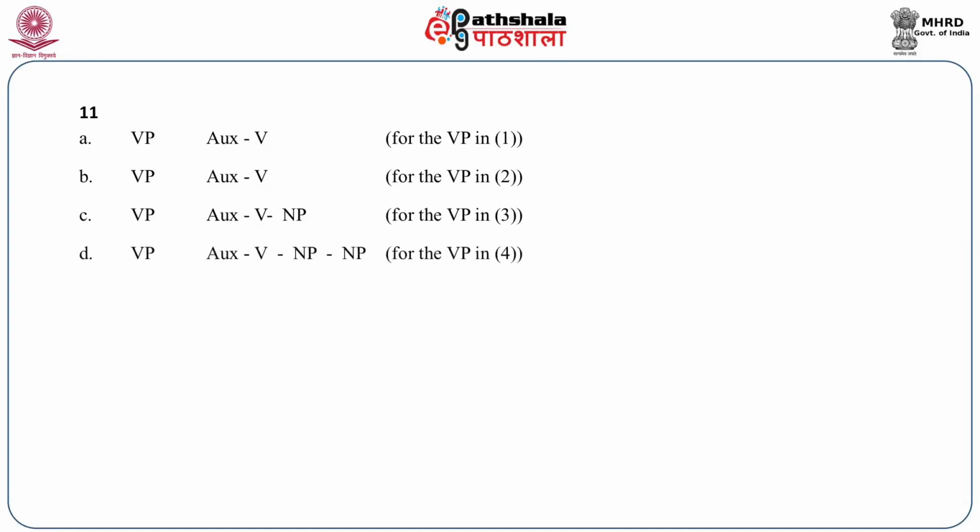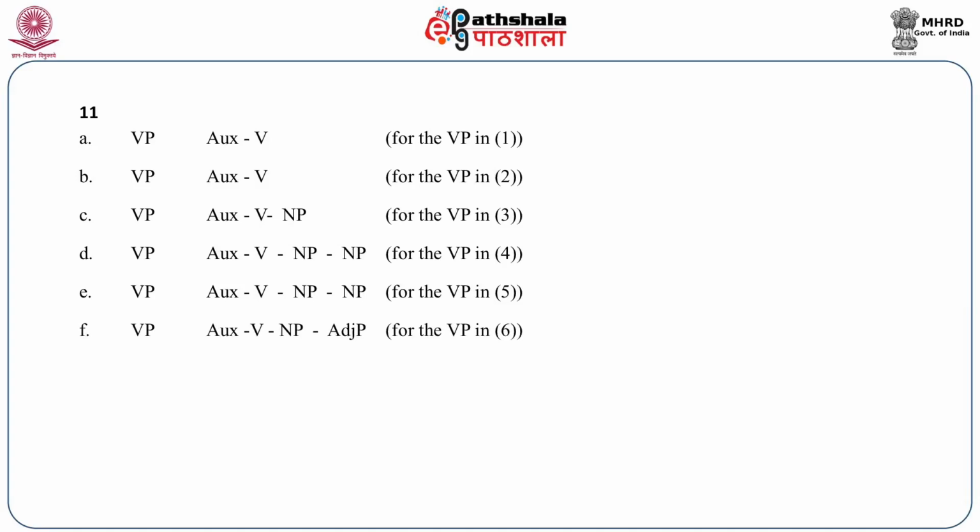In 11d the VP goes into Aux, V, then two noun phrases. In 11e, which is for sentence 5, we have again two noun phrases which follow the main verb.